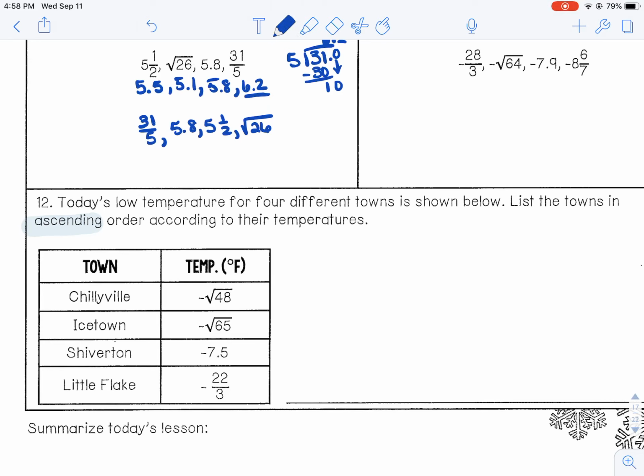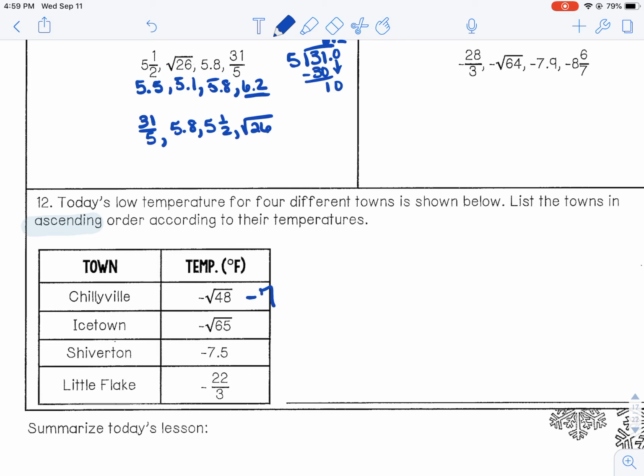Okay, so we have Chillyville, which is the negative square root of 48. Well, I know that negative square root of 48 falls in between the negative square root of 36 and the negative square root of 49. It is almost negative 49, so I'm going to say it's almost negative 7. It's very close.